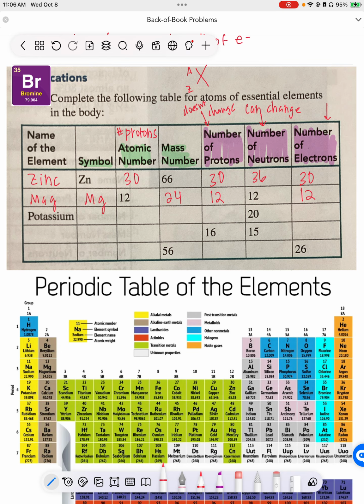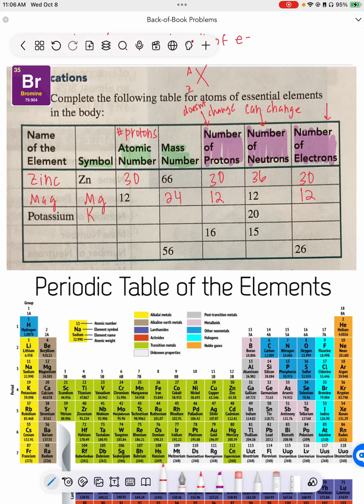Okay, so potassium. You would have to know that potassium's symbol is K in order to be able to fill this one out. So again, go and memorize your symbols and your names. So here's our potassium. Its atomic number is 19, so that tells us two things. What does that tell us? Can you think about that?